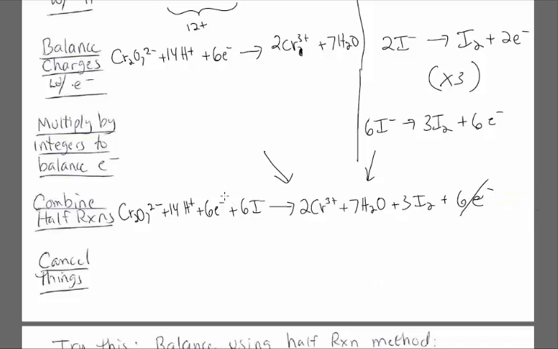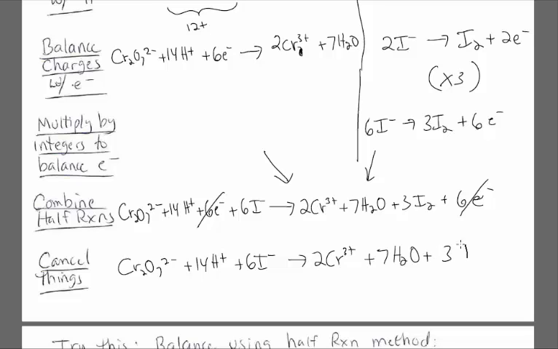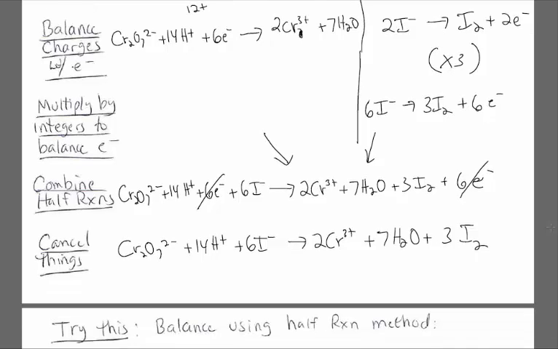Cross out the 6 electrons, and then we can write what is left: Cr2O7 2 minus plus 14H plus 6I minus go to 2Cr3 plus 7 waters plus 3I2, and we are now balanced.